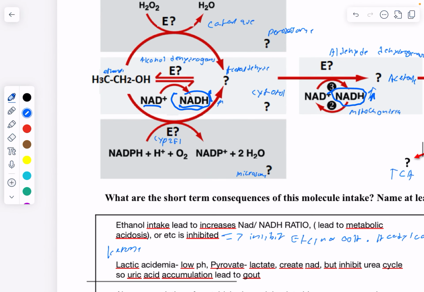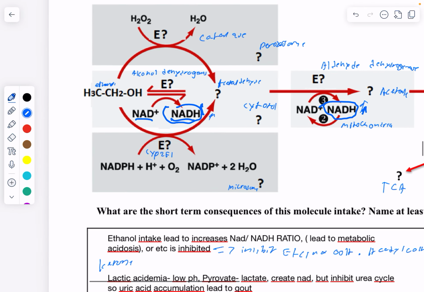So when we create acetaldehyde in the microsomes, we also have this reaction happening by CYP2E1, and this is basically us using this enzyme with glutathione.